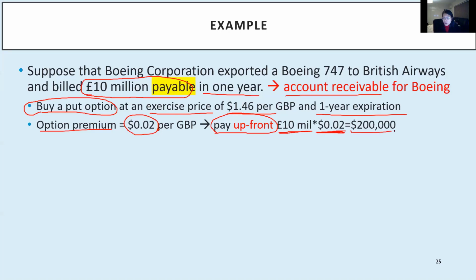So that will be 200,000 USD. Okay. So to enter into this put option, you need to pay the bank 200,000 USD at the start. Okay. This option allows you to sell the pounds at 1.46 in the future if you choose to.